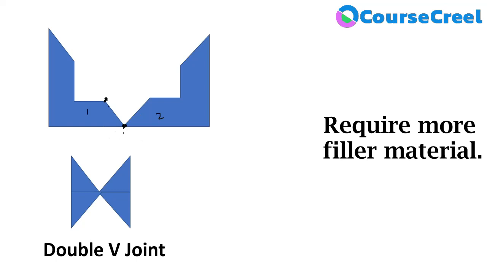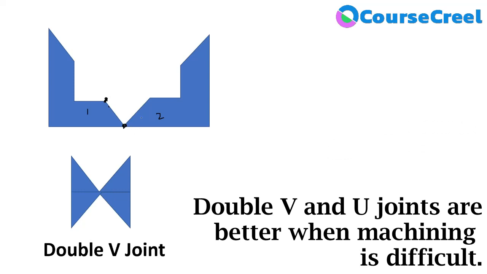In that case, it is not possible to penetrate the heat from this point to this point, from the first corner to the last corner of the joint. If this condition happens, we will get lots of welding defects.